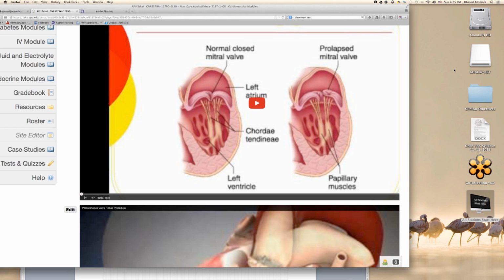So after you drain and send the culture, then you give the antibiotics to help prevent the infection from increasing, or when does the antibiotic play a role? Good question. In this case, the pericardiocentesis may take longer, and this is not a regular blood culture, so we can't wait.